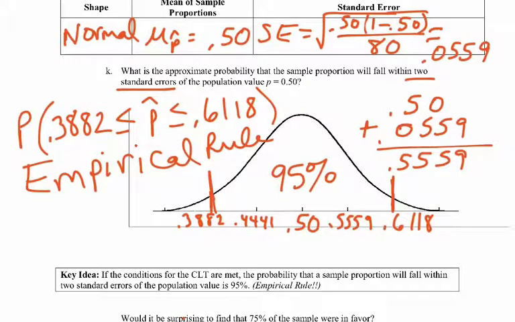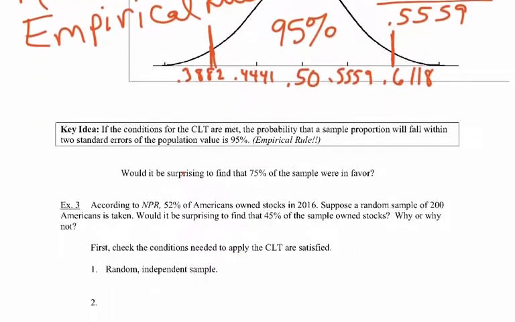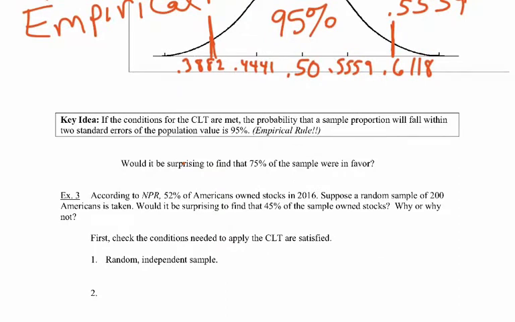So we expect the probability that our sample support for the candidate falls between those 2 numbers is about 95% likelihood. So the key idea here: if the conditions for the central limit theorem are met, the probability that a sample proportion will fall within 2 standard deviations of the population proportion is 95%. That's the empirical rule. Okay?